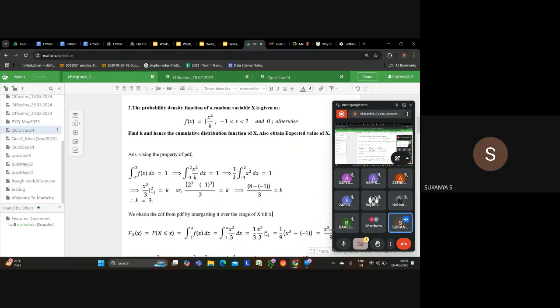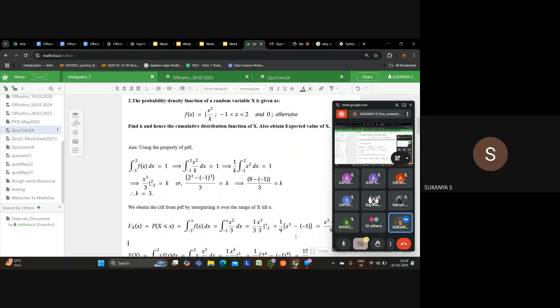Okay. Have I written -1? No. Okay. And the final part is no doubts, right? To find the CDF, after finding the limit, it's just plain integration. And the last part says to find the expected value. Now, what is the formula for expected value of x?